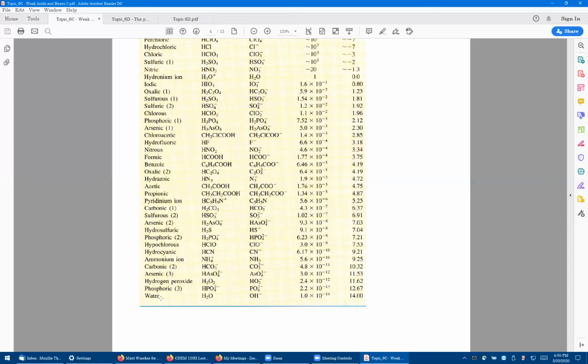Finally, at the bottom of the list is shown water. Technically, as we've seen, water can act as an acid or a base. When it acts as an acid, here's the HA, here's the conjugate base, and of course, its Ka is 10 to the minus 14. That comes about because of the fact that the OH- and H3O+ concentrations, the product of those two, is 10 to the minus 14.